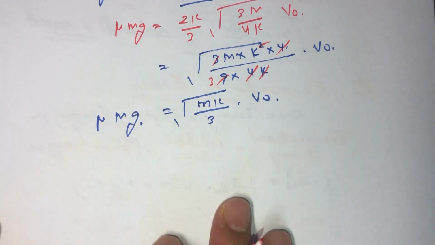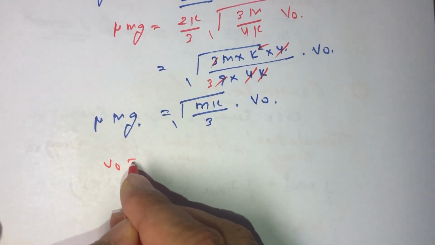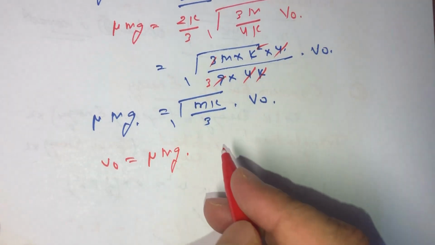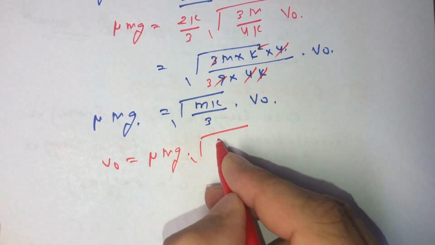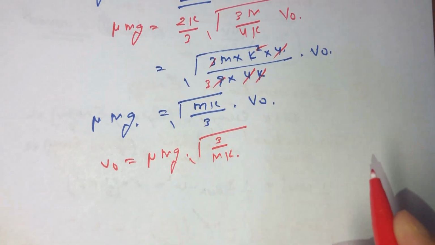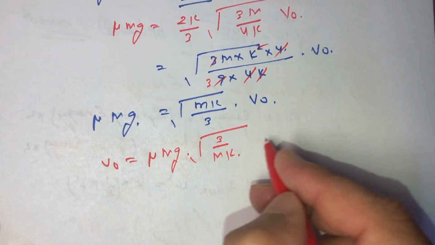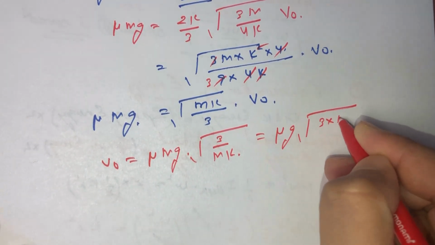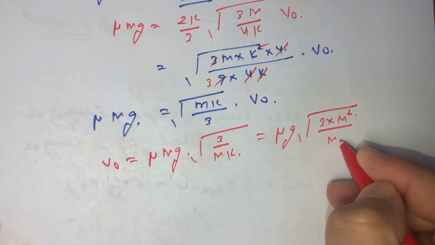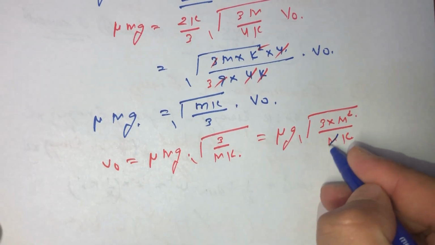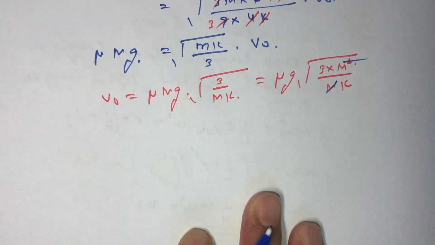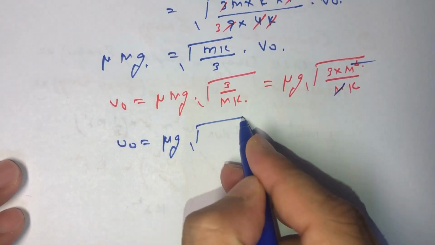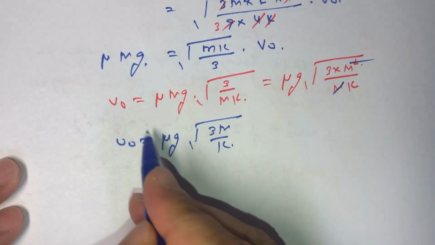Now a simple left to right shifting, so we get V naught equal to mu mg, and this square root becomes 3m times k. I am taking m inside the square root, so this becomes mu g, and we have 3 into m square divided by mk, and m goes with this square, so we are left with V naught equal to mu g multiplied by square root of 3m divided by k.